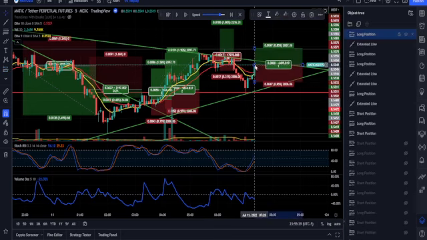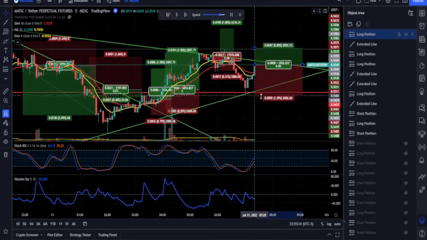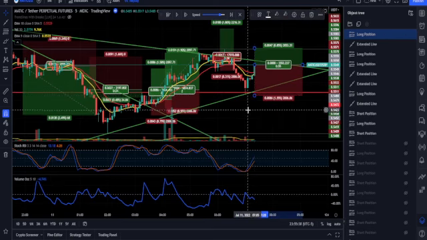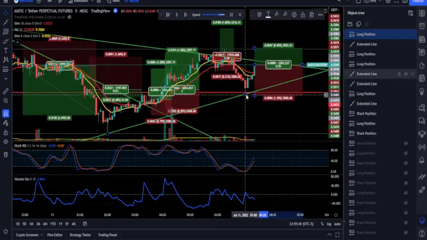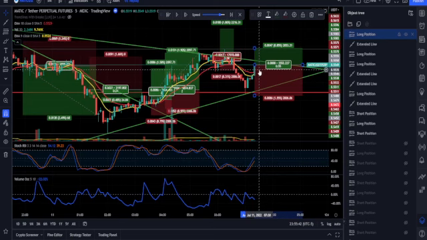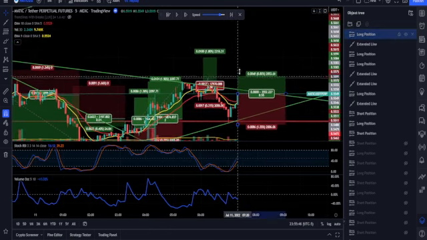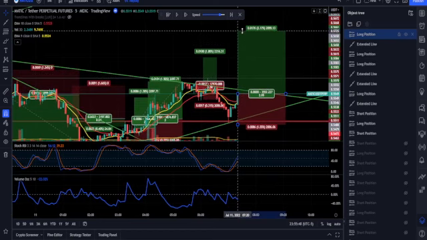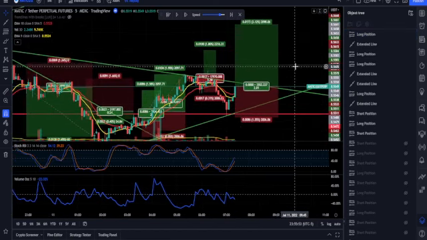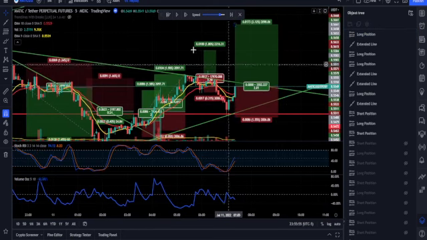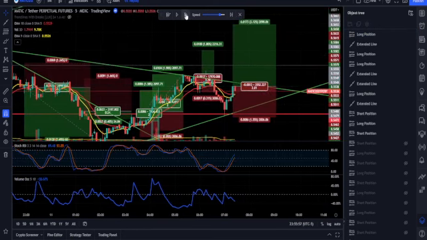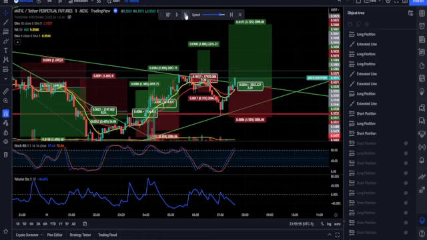But just to show you that you don't have to get in early or right on time, we're gonna take our trade right here, we're gonna set our stop loss, and we're still gonna look for 2 times the risk. Alright, and we're gonna see how this one plays.